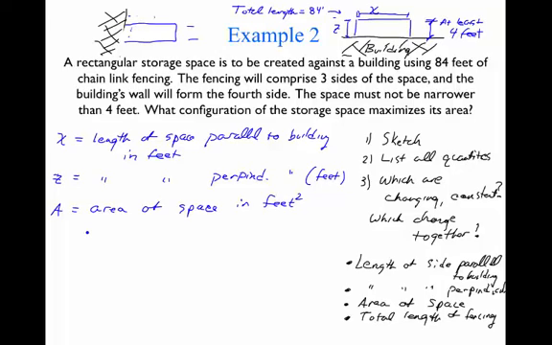What will be the centerpiece of our solution now that we've oriented ourselves to the problem? We're doing an optimization problem. So what will be our focal thing for solving this problem? To maximize what?